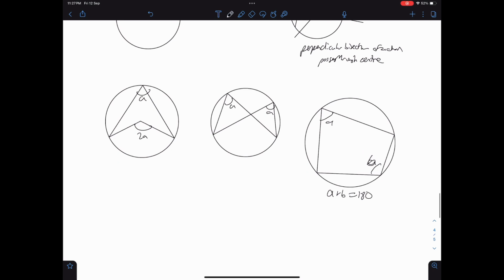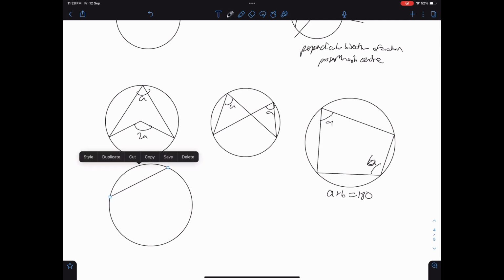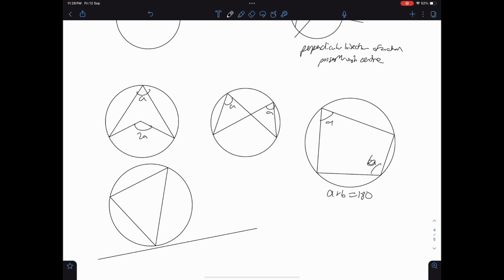And then the alternate segment theorem. I believe it was this angle is equal to that one. So you are expected to remember that stuff. I don't think you'd ever have to use it, but you are expected to remember it.